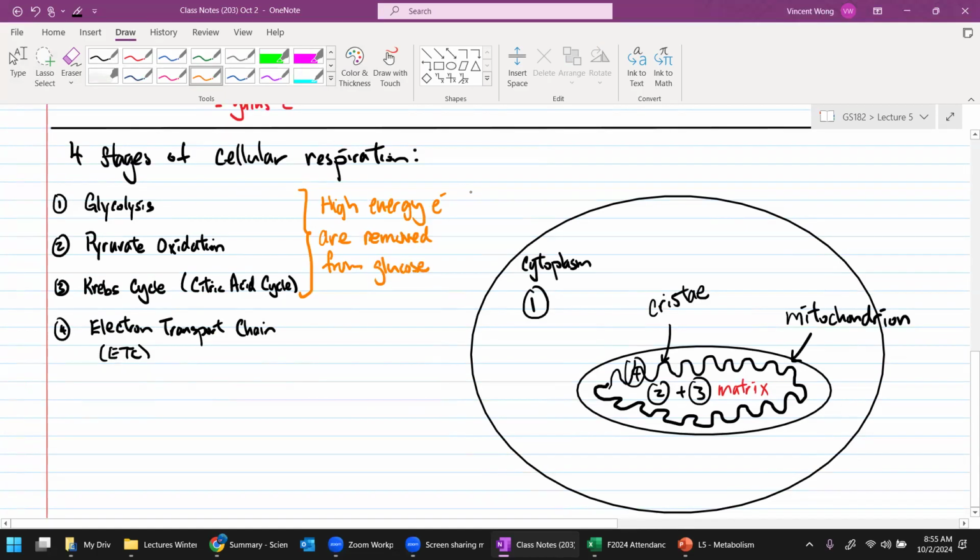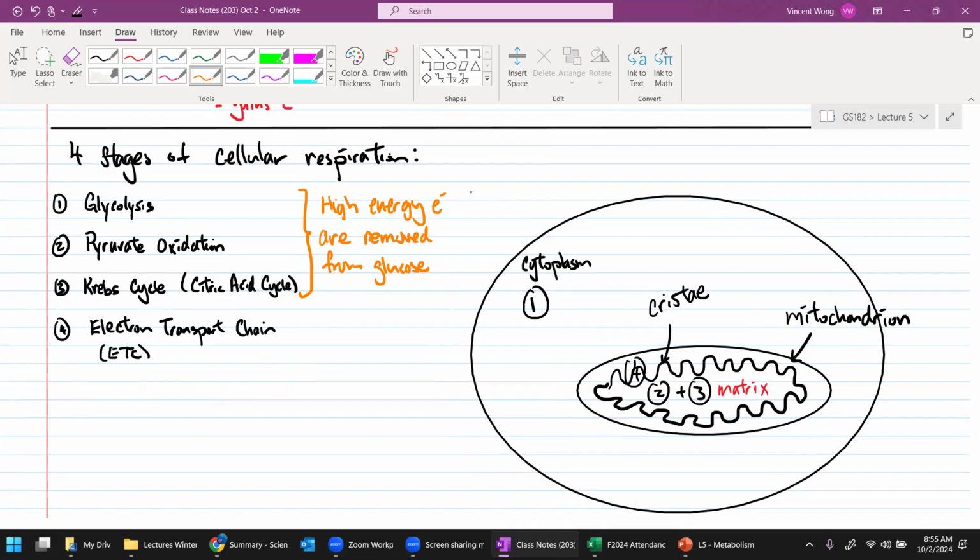Remember, in the overall reaction, glucose is the one that is going to be oxidized. When you oxidize something, you remove the electrons. So we will continue to remove electrons during the first 3 stages.